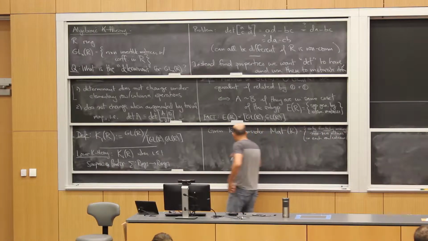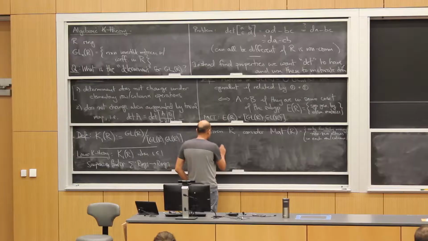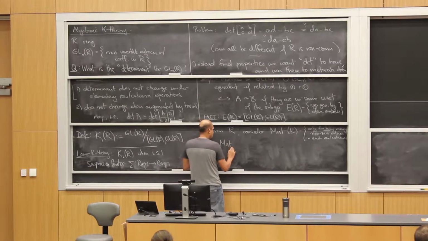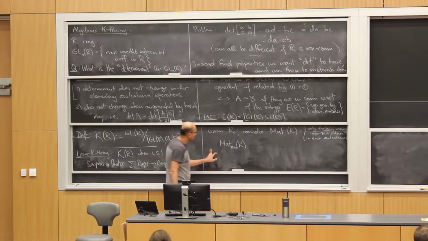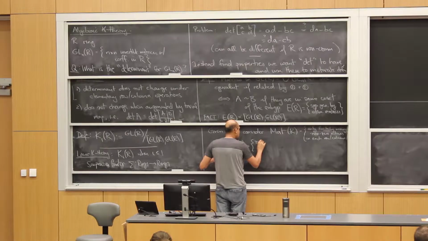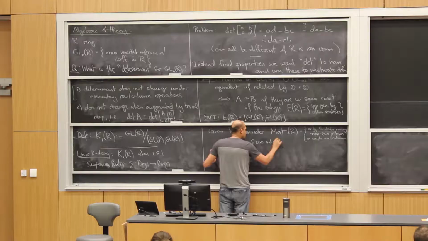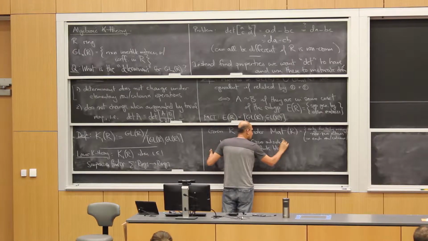And within this, you can look at the subring of finite matrices, which are zero outside a finite block.